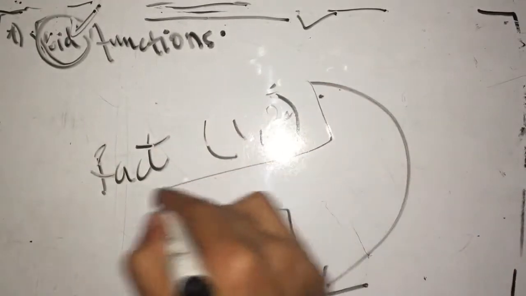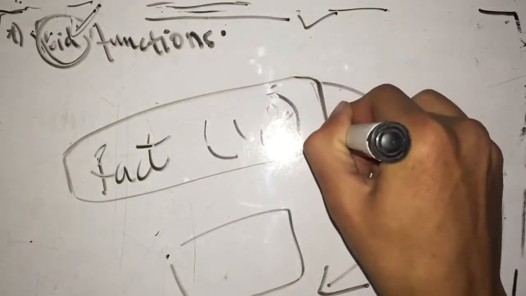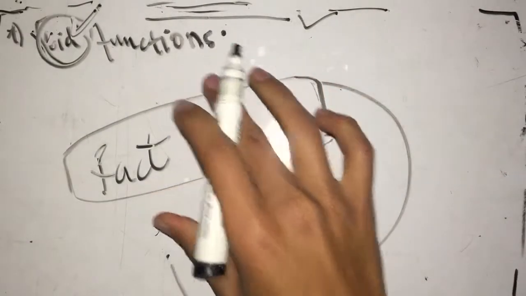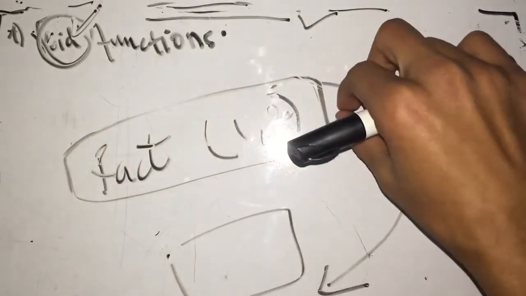This function call statement does not get replaced by anything. It's just a standalone statement. Basically that is what a standalone statement means, that you cannot do anything with it instead of writing it directly inside your program.